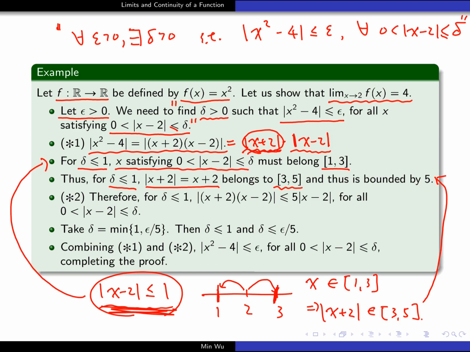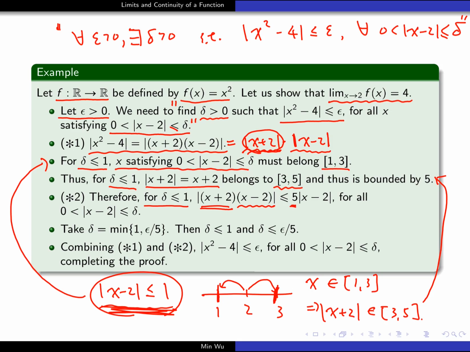So therefore, for delta less than or equal to 1, this term will be less than or equal to 5, and this term can be controlled by delta. So we just write this is less than or equal to 5 times |x - 2|, because |x + 2| is between 3 and 5, so it is less than or equal to 5. 5 is the maximum in here.